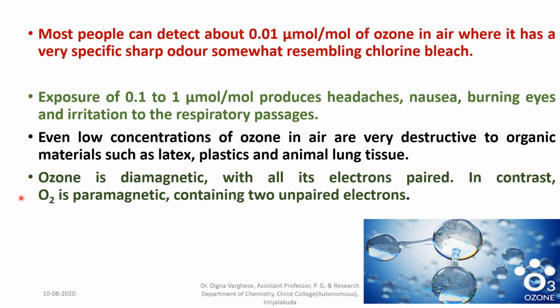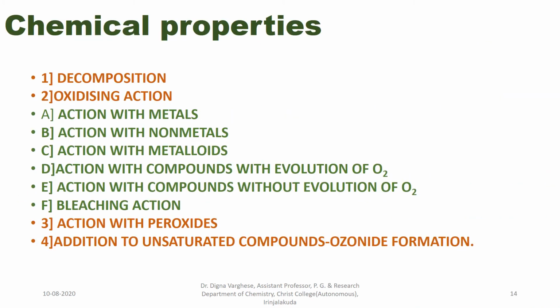In contrast, oxygen is paramagnetic, containing two unpaired electrons. Chemical properties of ozone. First chemical property of ozone is its decomposition. Second one is oxidizing action. In that: action with metals, action with non-metals, action with metalloids, action with compounds with evolution of oxygen, action with compounds without the evolution of oxygen, and its bleaching action.